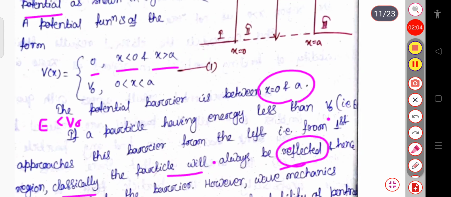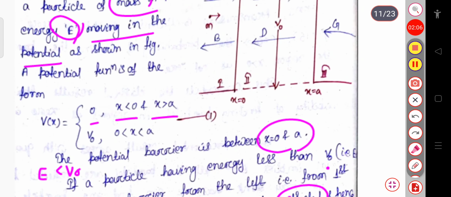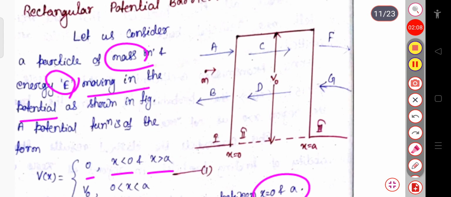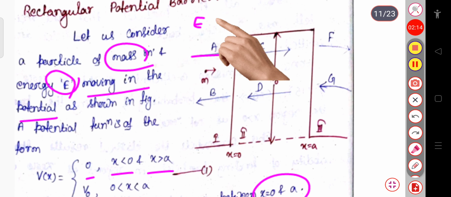As we have discussed before in the case of the potential step, if you incident any particle having some energy E, and you consider this energy to be less than V naught, since the potential is higher than the kinetic energy, the particle cannot penetrate through this barrier.